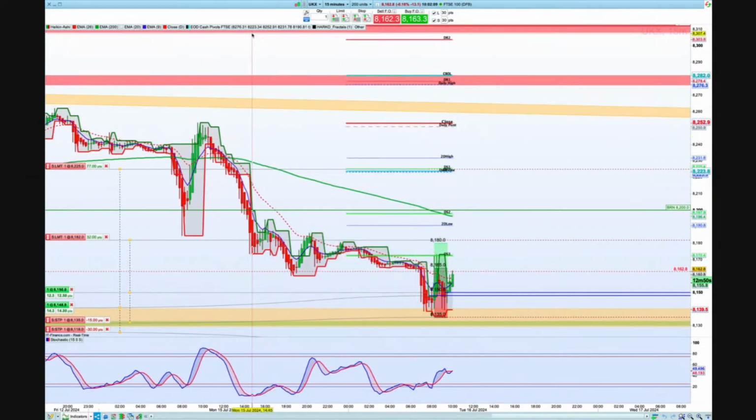I have a tool for identifying all the gaps, and we'll quickly have a look to make sure what I've got is correct. There's the gaps for the day. Right, so closing gap is 81.80. Yeah, so these are yesterday's.